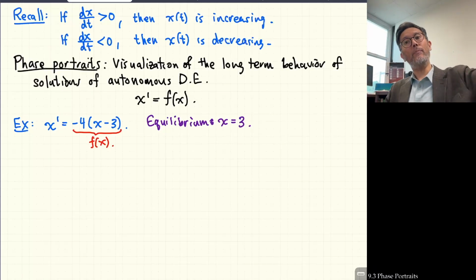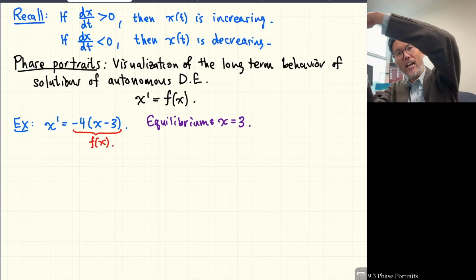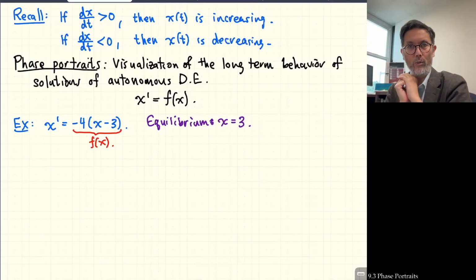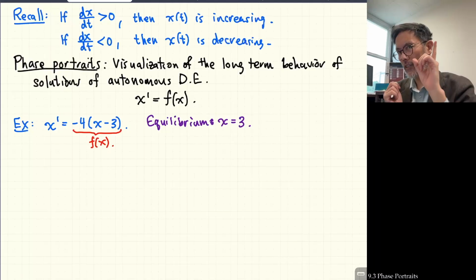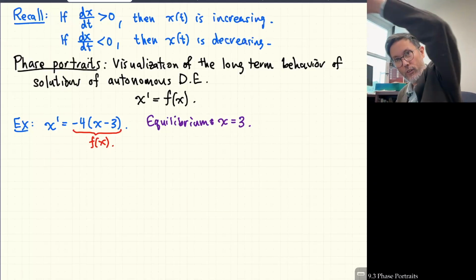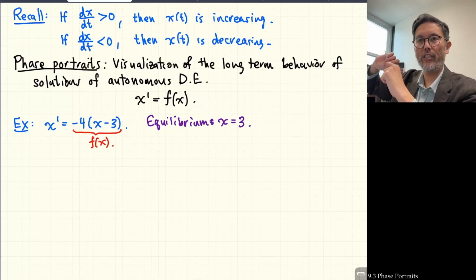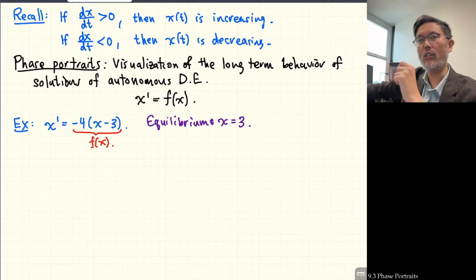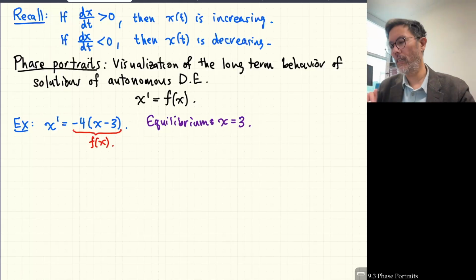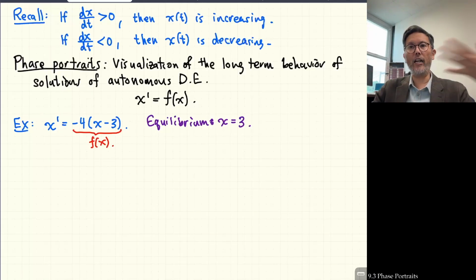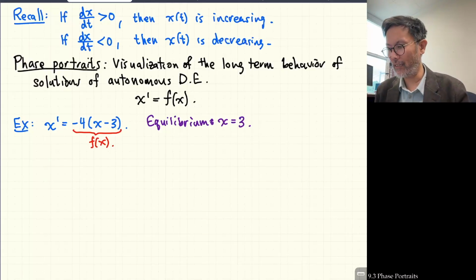Well, for a stable equilibrium, you converge back to x equal to 3. But if you're an unstable equilibrium, then maybe you diverge away, perhaps to a new equilibrium. Well, there's no other equilibrium here, but in other situations you might, or you might go to positive infinity, or you might go to negative infinity. And what a phase portrait will do for us is characterize all of this simultaneously.